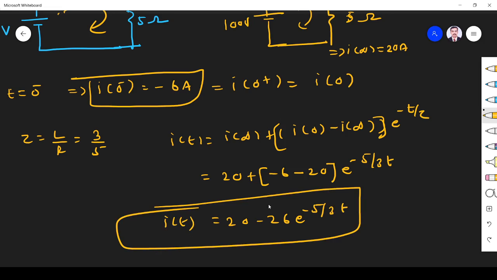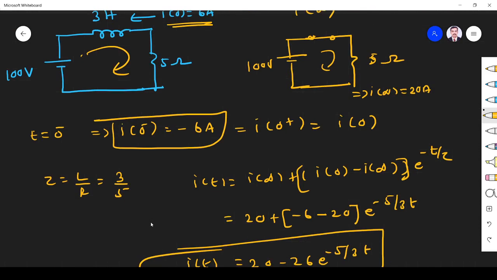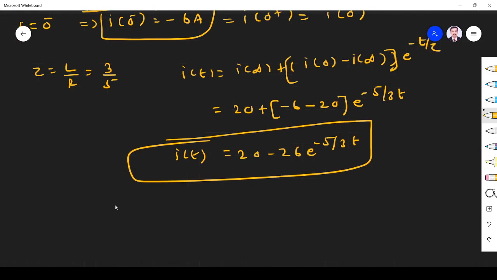But what they ask is the initial rate of growth of current. The initial rate of growth of current is nothing but di of t by dt, the rate of change at t equal to 0. This is the initial rate of growth. When you differentiate, it becomes 130 by 3, e power minus 5 by 3 t.